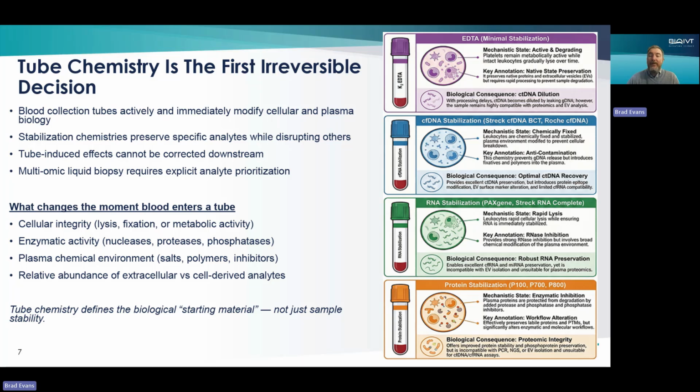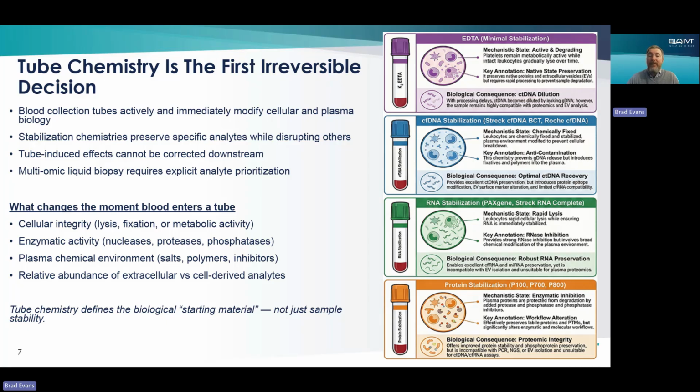So tube chemistry does not just influence stability, it defines the biological starting material that your downstream assay will interrogate. That means multi-omic liquid biopsy cannot be treated as a single tube problem by default. It requires explicit analyte prioritization. You are deciding which biology to preserve and which trade-offs you are willing to accept.